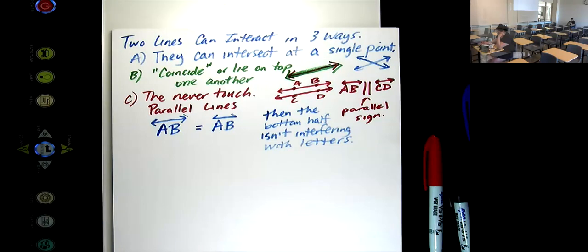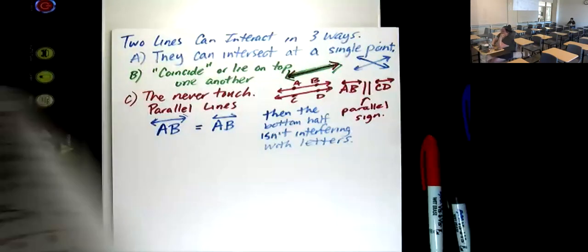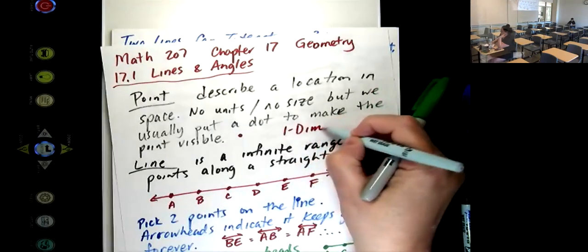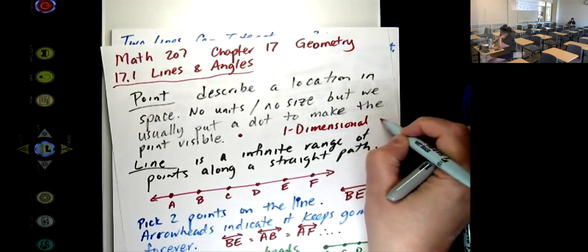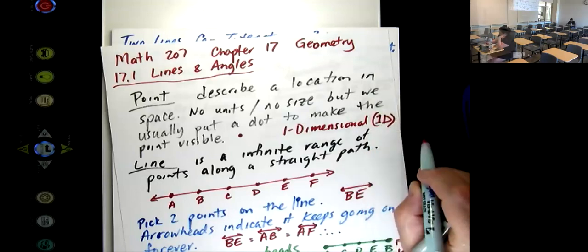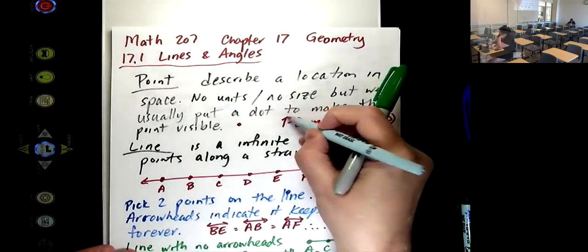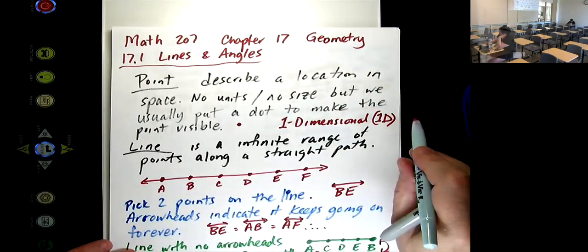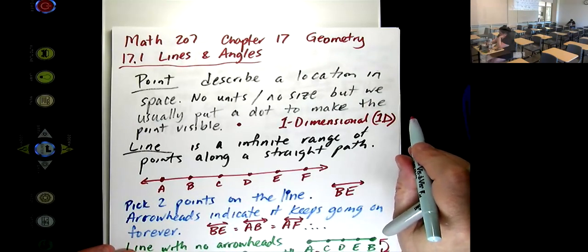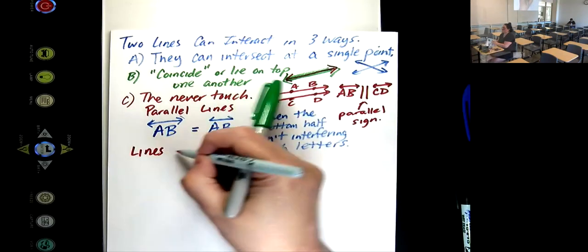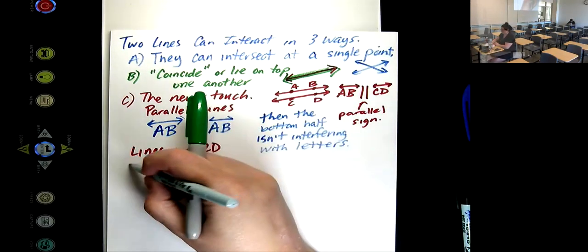The points are considered one-dimensional. Let me go back and put that real quick. Points are considered one-dimensional, or 1D. And lines are 2D, or two-dimensional.